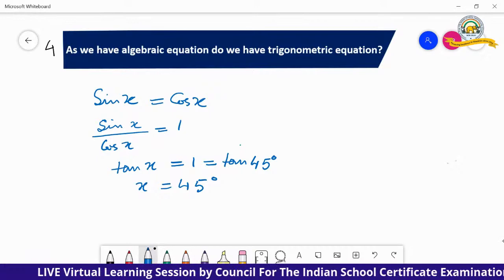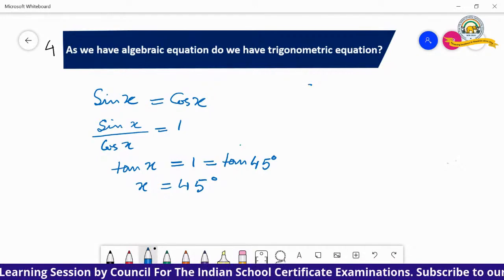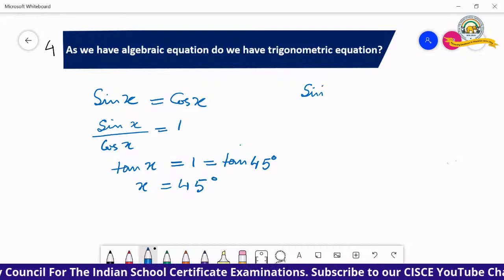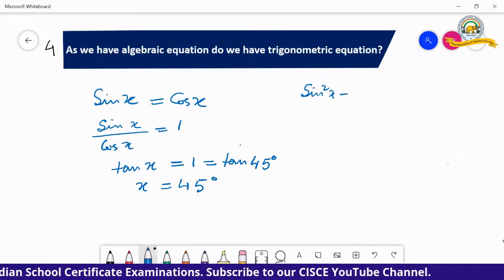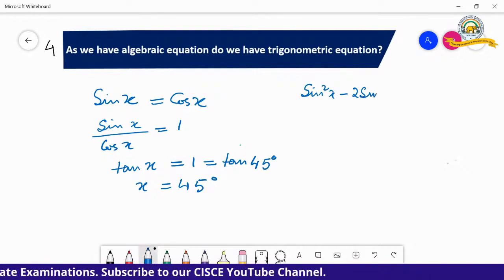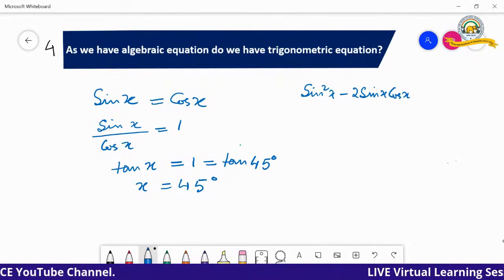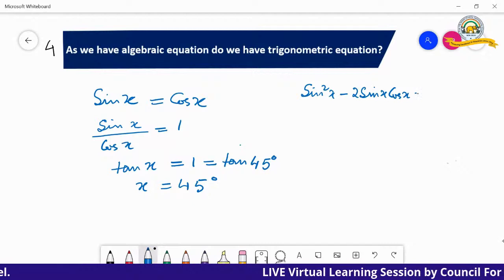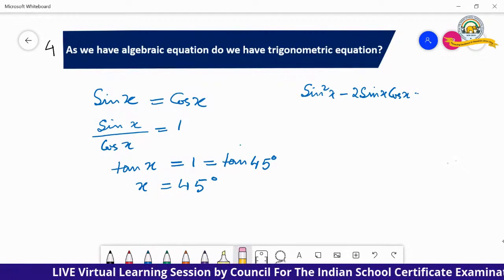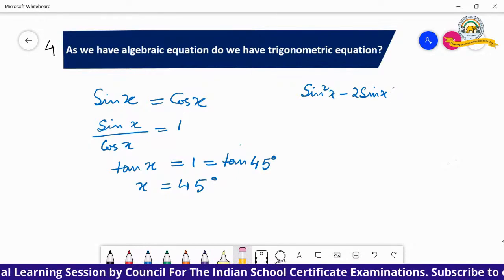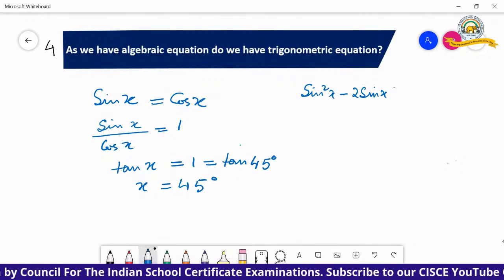That is solved. Now suppose I had an equation like this, sin²x minus 2 sin x cos x, or we can take only, let us take this, any equation. I'm just taking one equation.